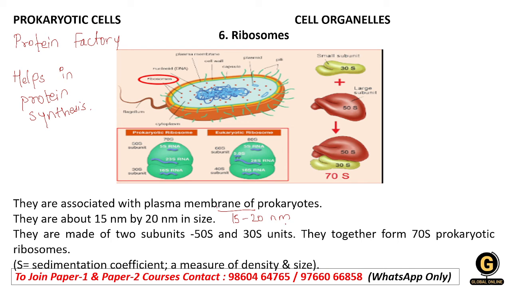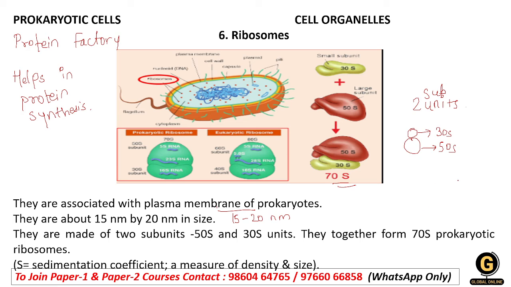Now these ribosomes are made up of two subunits. First of all, the 70S type of ribosome is seen in the prokaryotic cell. They have two subunits, called 30S and 50S. 30S is the smaller subunit and 50S is the larger subunit.